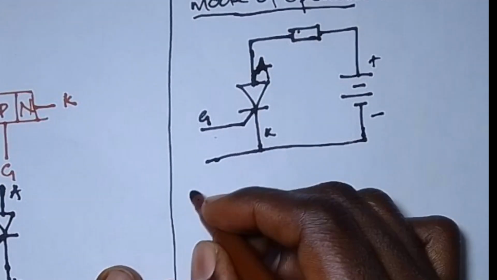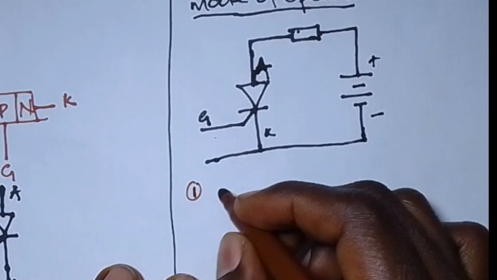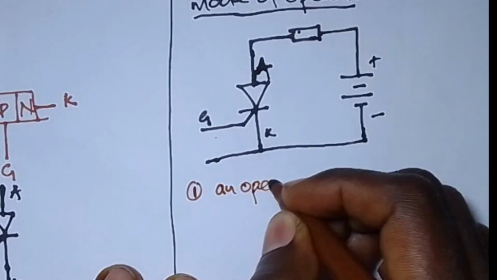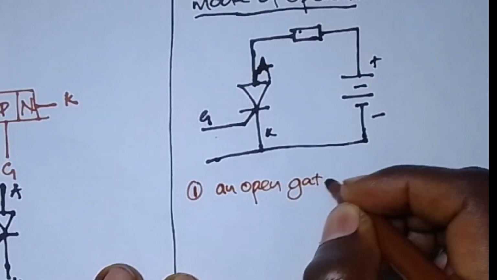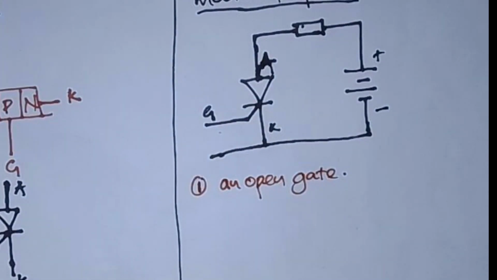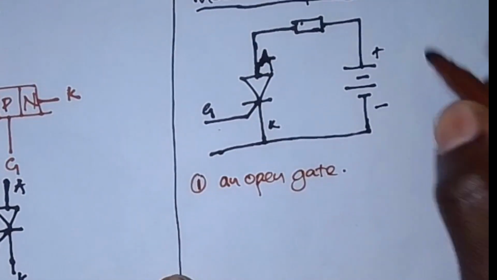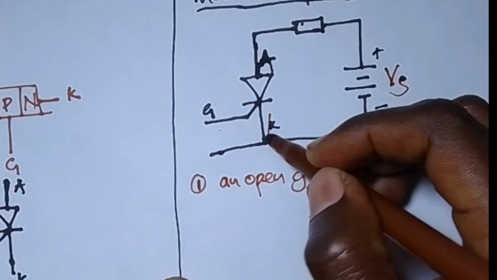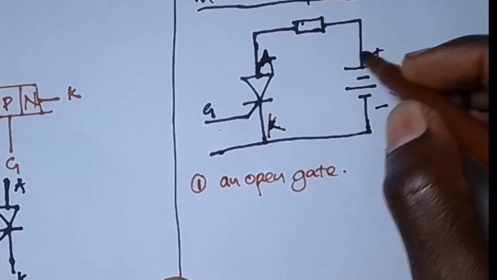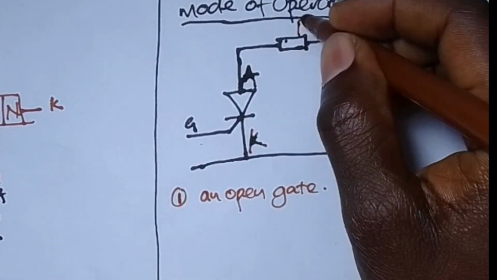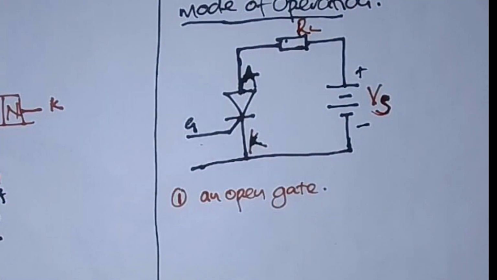Case one is when we have an open gate. What I've drawn here is the circuit with an open gate, and the voltage appearing across the anode and the cathode is what we call the supply voltage Vs, or the applied voltage Vs, and this RL is our load resistance.